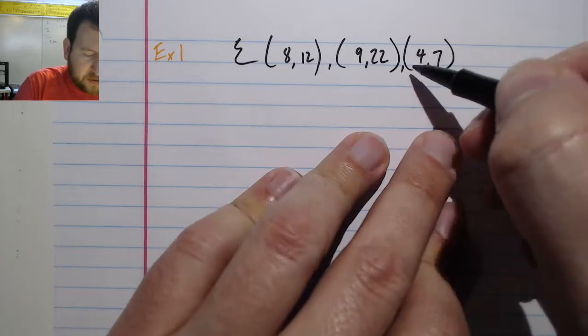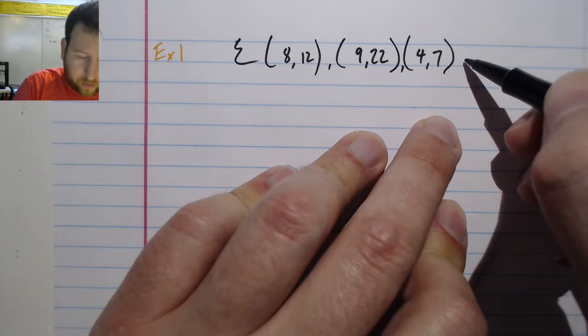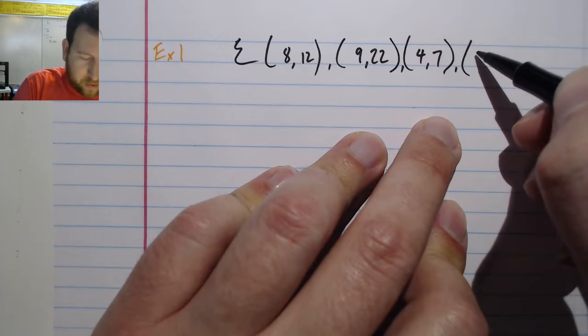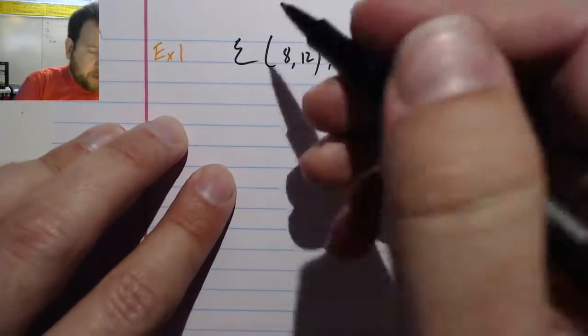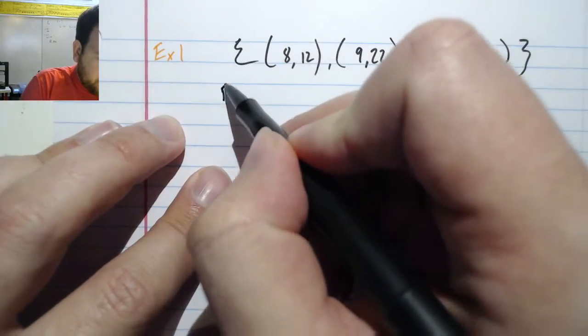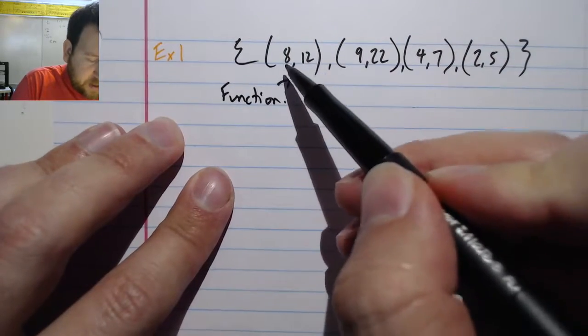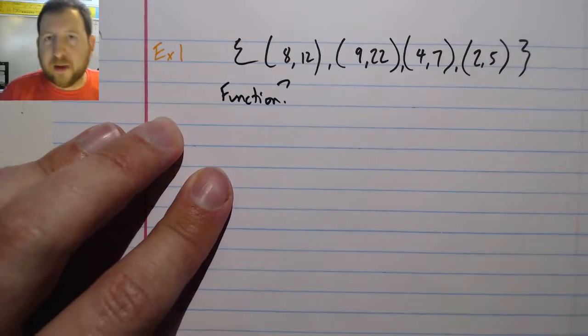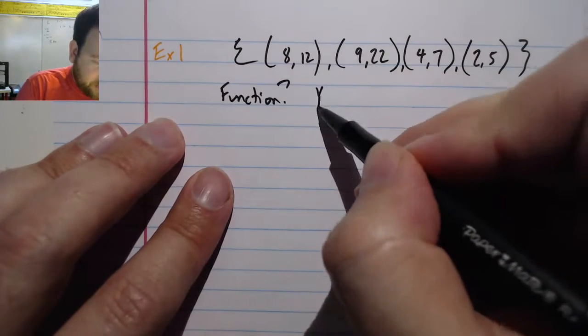Sometimes you see it with a comma in between, sometimes you don't, apparently. And 2, 5. End bracket. Okay, first question. Function? Well, I see 4 different inputs, and no input is leading to 2 different outputs. So as far as I can tell, yes.